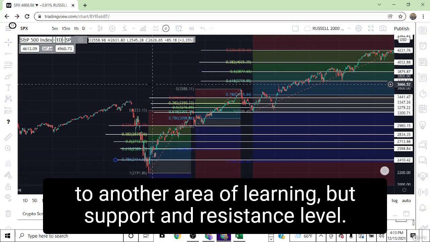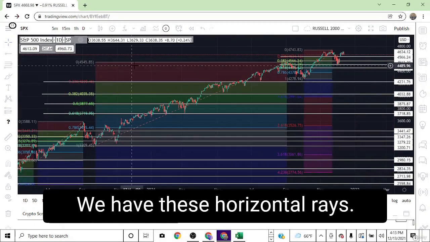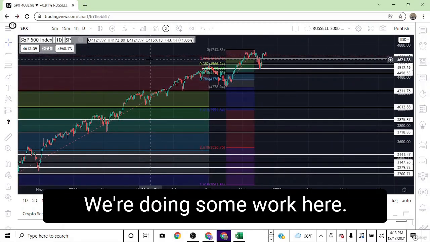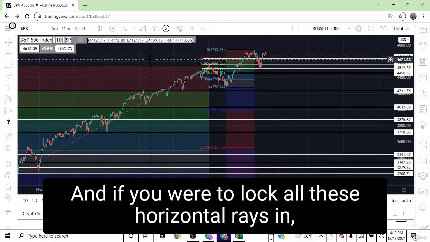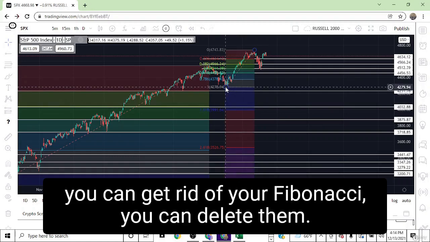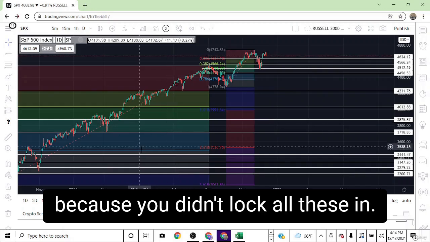But the support and resistance level, we have these horizontal rays. We're doing some work here. And if you were to lock all these horizontal rays in, at this point you can get rid of your Fibonacci. You can delete them. But for right now, I wouldn't do that because you didn't lock all these in.